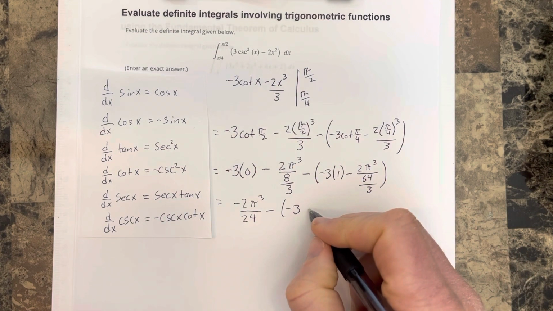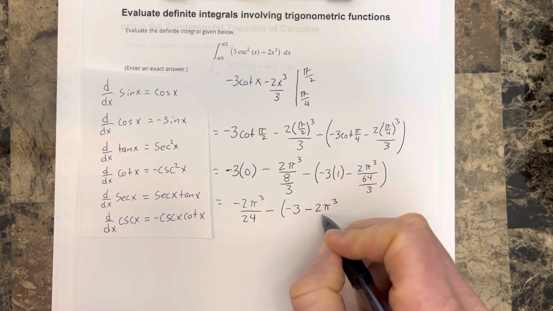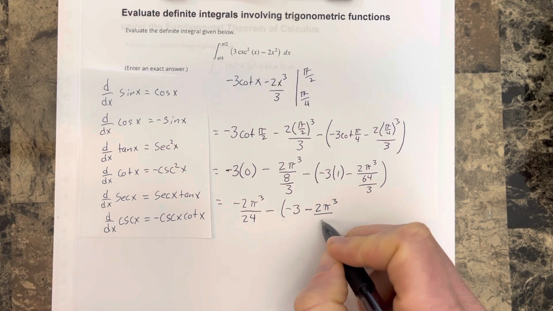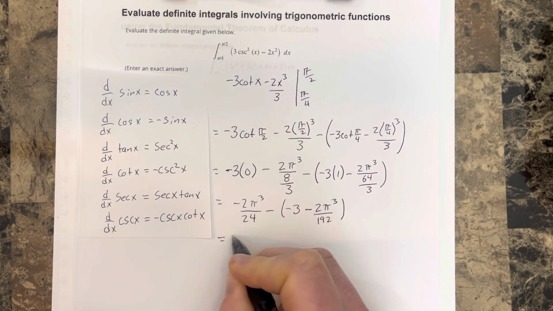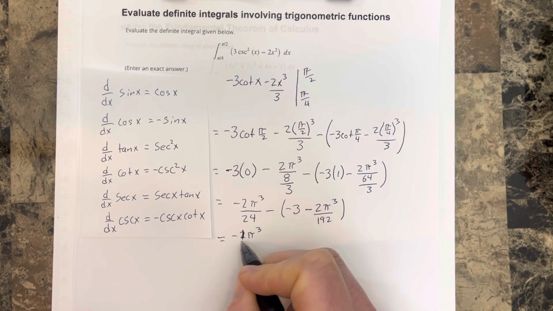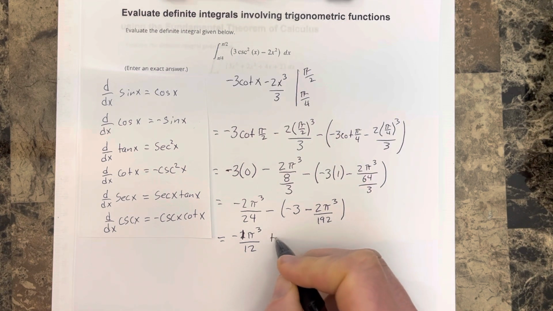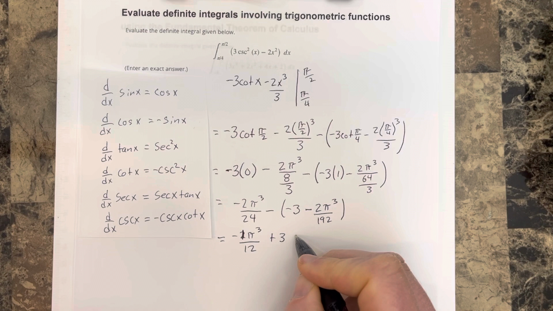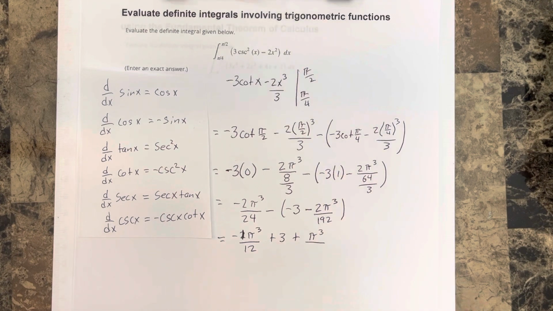So we get minus 2 pi cubed over 192. Actually, we're going to simplify this. This is negative 1 pi cubed over 12, plus 3, plus pi cubed over, if I divide both those by 2, 192 divided by 2 is 96.